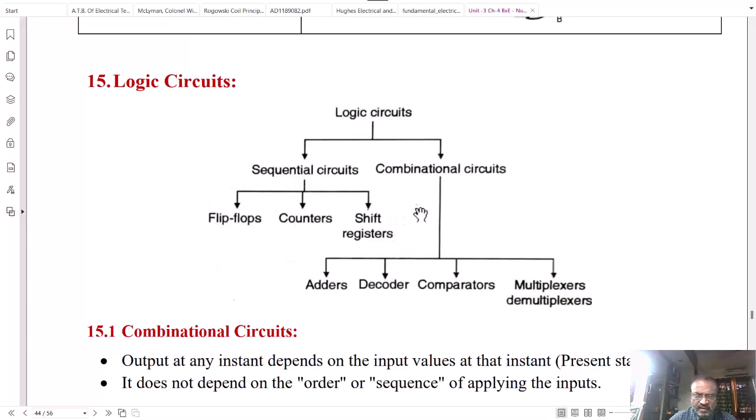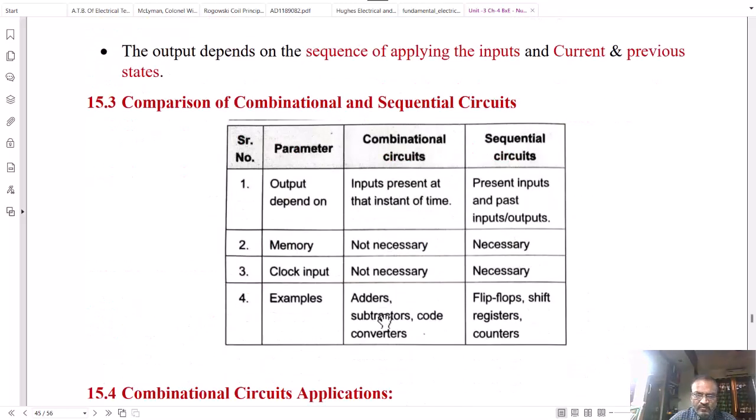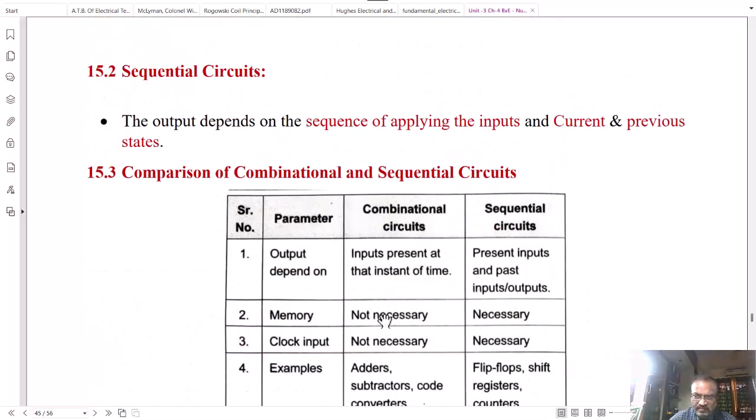There are so many other categories, but as per the focus of basic electronic engineering, we study flip-flops, counters and shift registers. In combinational circuits, we will study adders, decoders, comparators, and multiplexers. Out of these, in combinational circuits, the main focus is on adder and subtractor only.